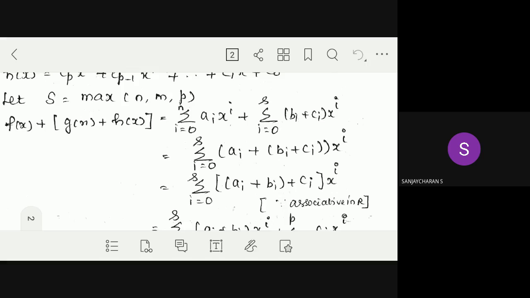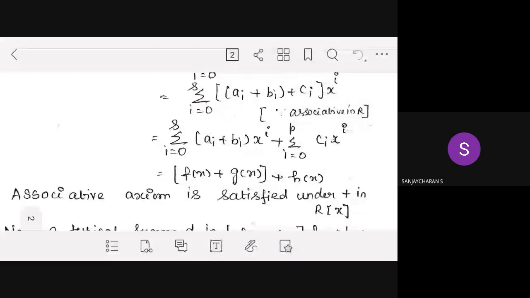So as we joined ai plus bi plus ci, we split it up in the same way. So summation i equal to 0 to s of (ai plus bi) into x power i plus summation i equal to 0 to p of ci into x power i. Okay, so this is nothing but f of x plus g of x plus h of x.